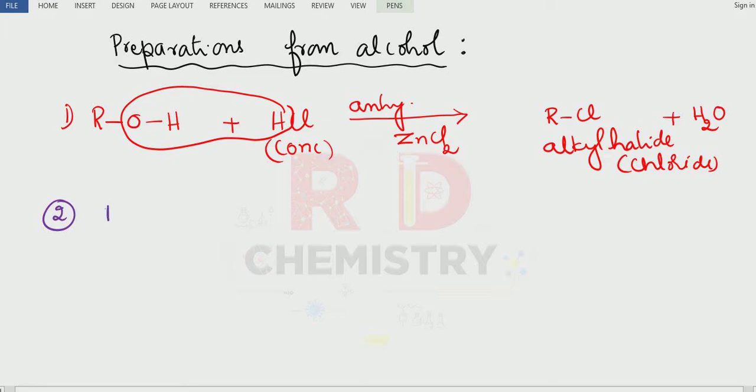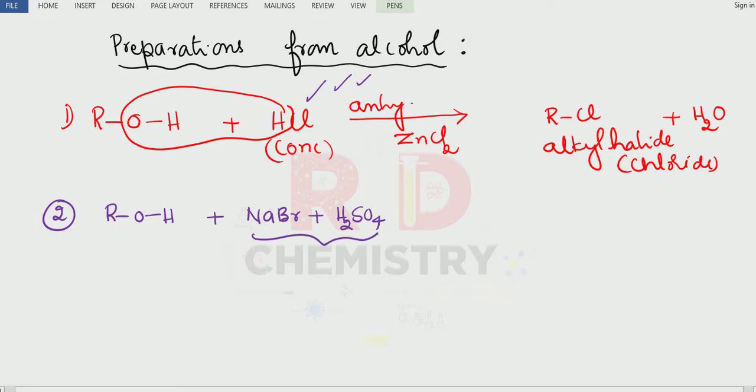Alcohols have the formula ROH. Alcohol reacts with HCl, HBr, HI, all of those. Or I can also make use of a salt. For example, sodium bromide salt can be taken and treated with concentrated sulfuric acid, H2SO4.